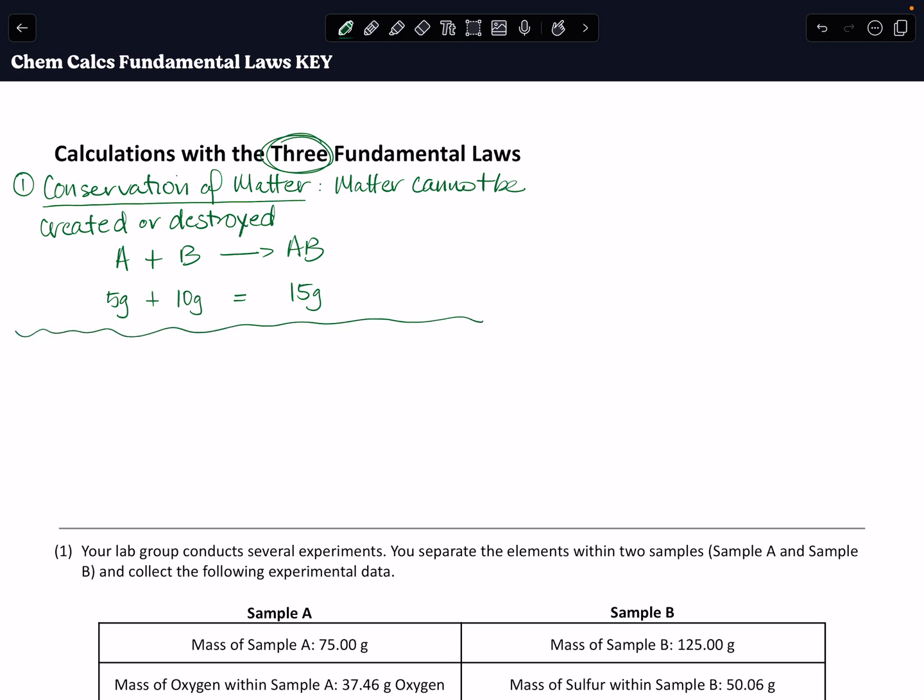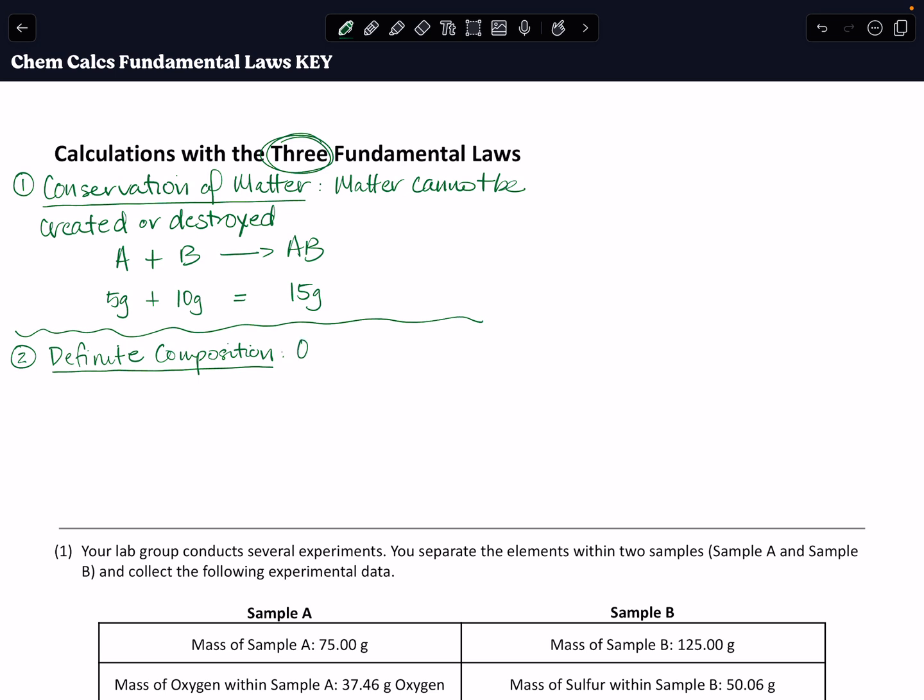All right. From conservation of mass, we move on to the law of definite composition. And I've actually heard this called many things: definite composition, constant composition. They all mean the same thing. I tend to go with definite composition.